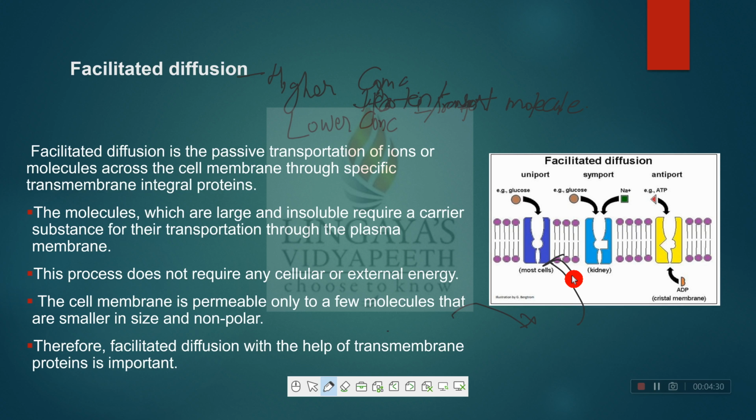Because the movement is downhill, that is from higher concentration to lower concentration, chemical energy is not directly required. What drives facilitated diffusion, just like the other types of passive transport, is kinetic energy. So in facilitated diffusion, kinetic energy is required, chemical energy is not required.